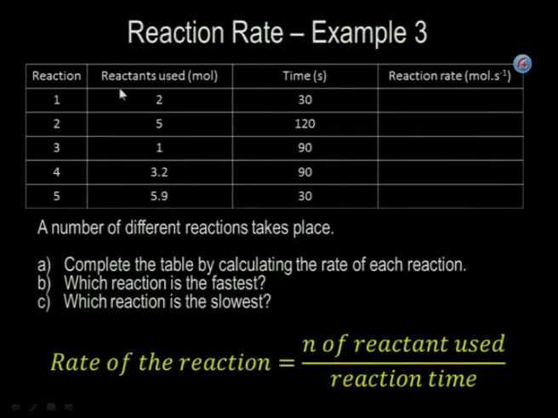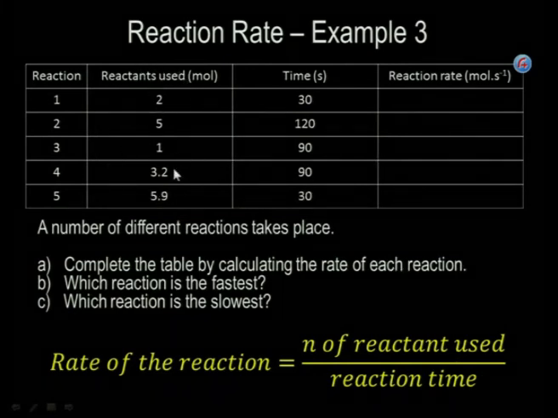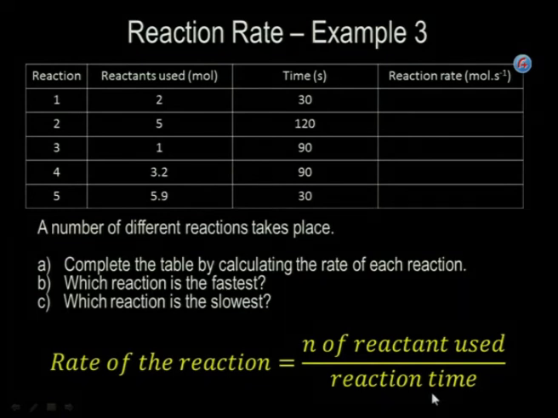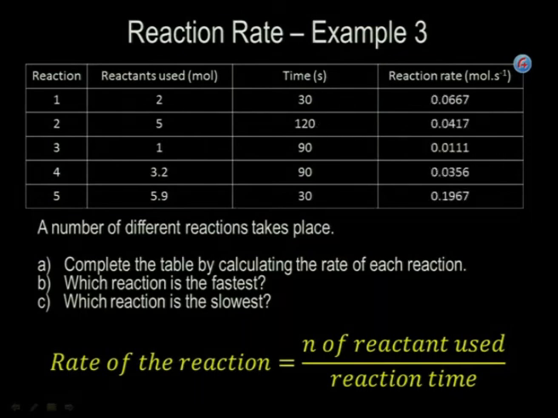The table gives you the mole of reactant used, and the table gives you the reaction time in seconds. So you can easily calculate the rate of the reaction of these 5 reactions. You just take the mole divided by the time, the mole divided by the time, and there are the answers.